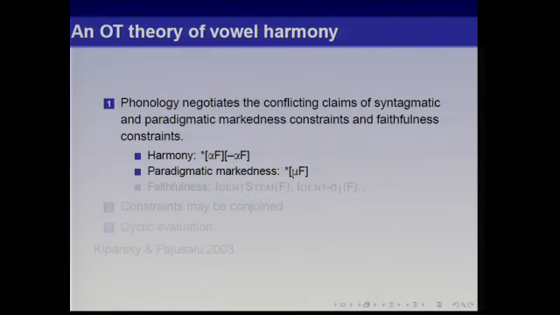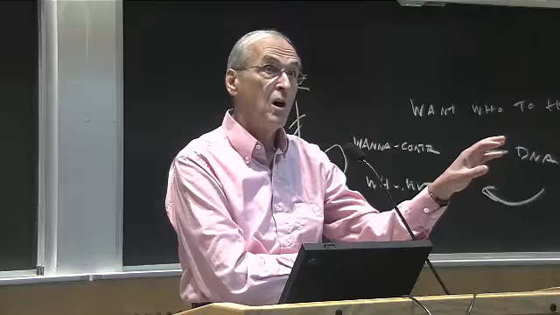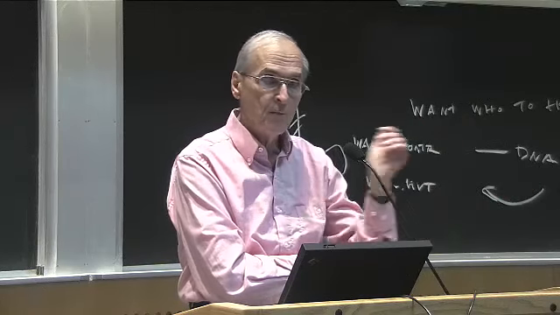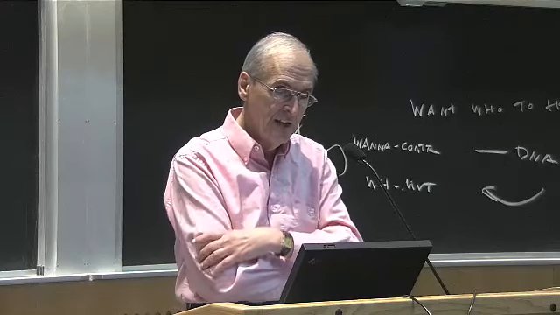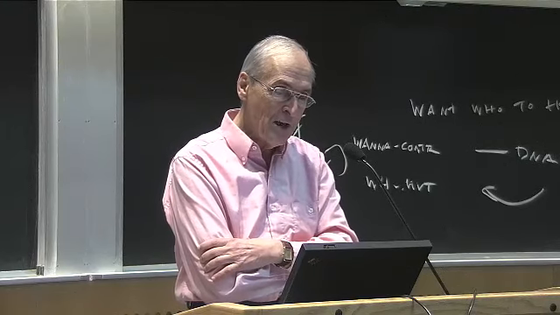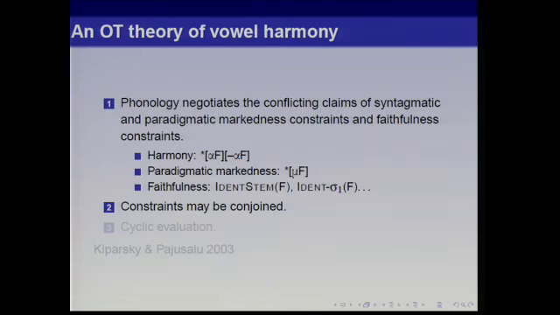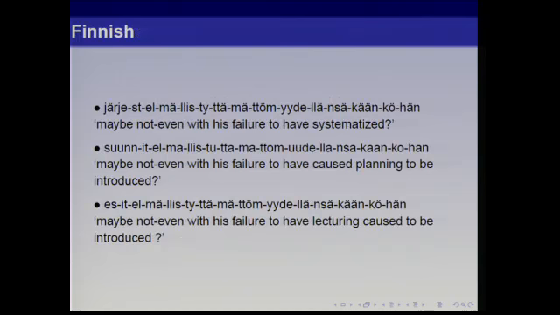So for harmony, that would mean that you have a harmony constraint, markedness constraints, and faithfulness constraints, which privilege particular spots, like the first vowel, the stem. You can conjoin constraints, and they're cyclically evaluated.